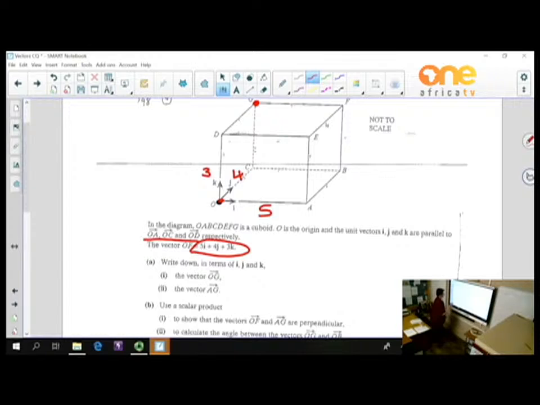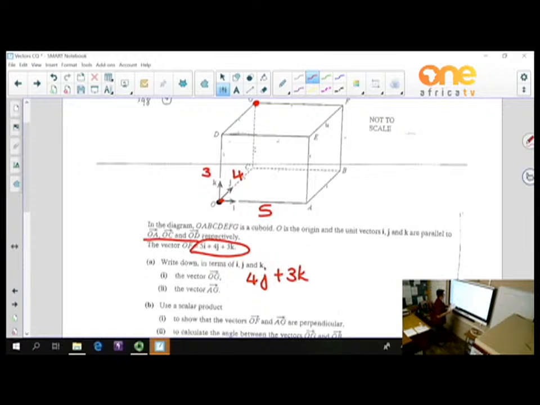So OG, if you look here, you can see that there's no movement on the I level. I am not moving anything, so that one is 0. Then this is the road that I will go, so it is then 4J plus 3K. So no movement on the I axis, 4J plus 3K. There is your column vector for that one.